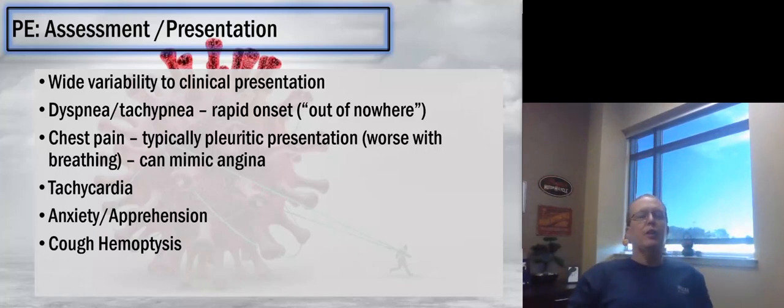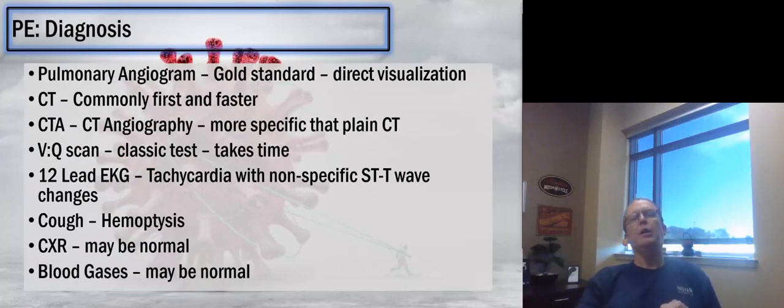And as a result, patients are going to often demonstrate anxiety, apprehension, restlessness, and perhaps sometimes even a sense of impending doom. If they have a cough, they could perhaps have hemoptysis with that cough. It doesn't necessarily produce a cough, but that could be what is demonstrated.